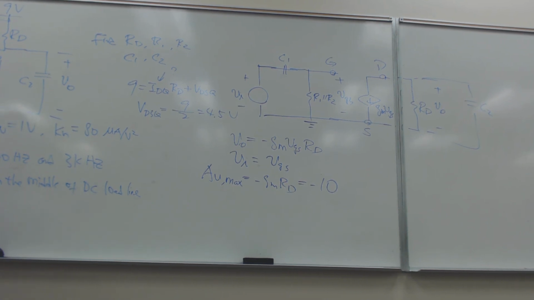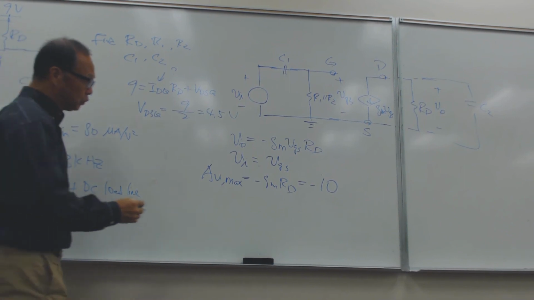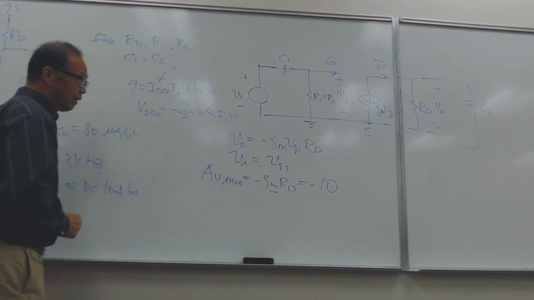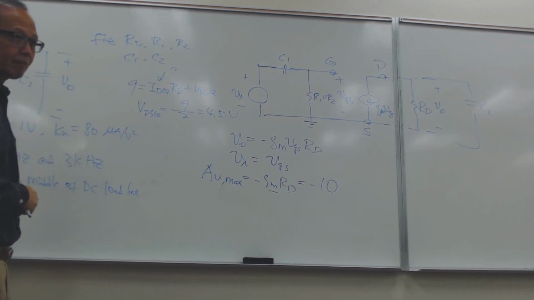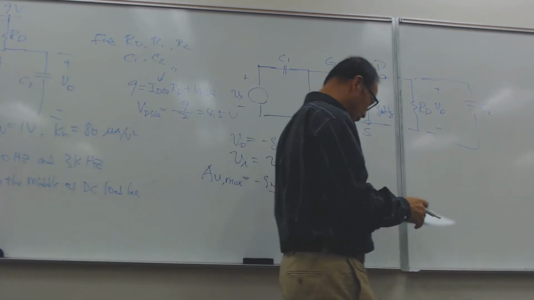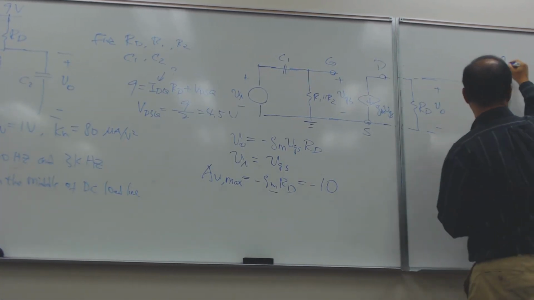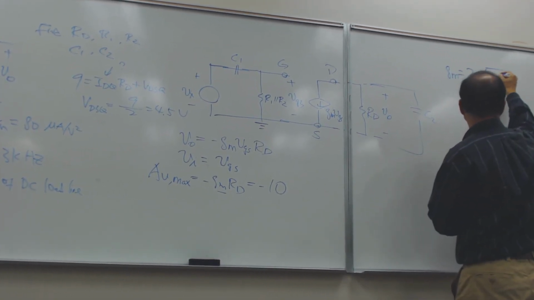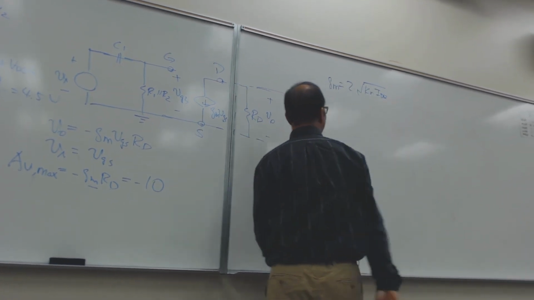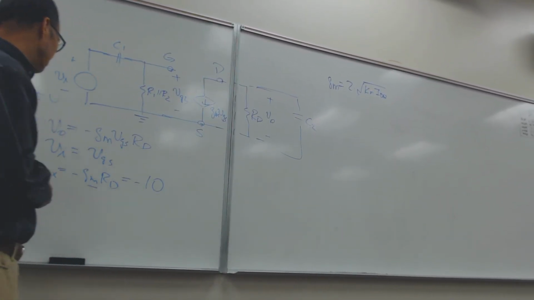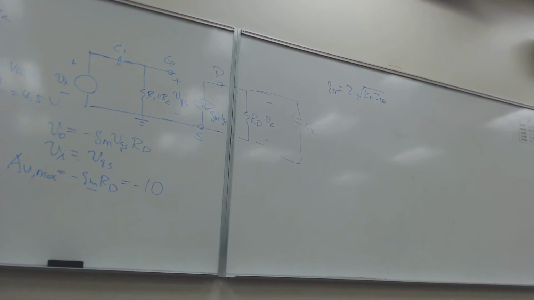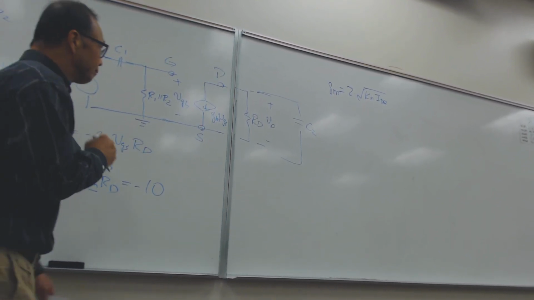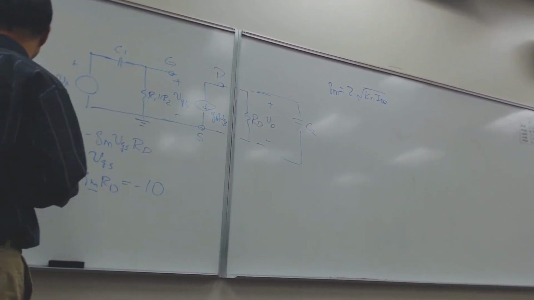All right. Now we also reach a dead end. Why? Because gm is a function of I sub D. So what is gm? gm is equal to 2 times square root of Kn IDQ. So IDQ is unknown. What do we do? Well, let's come over here.